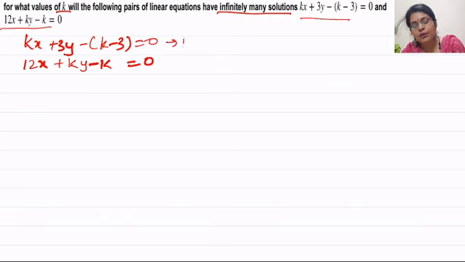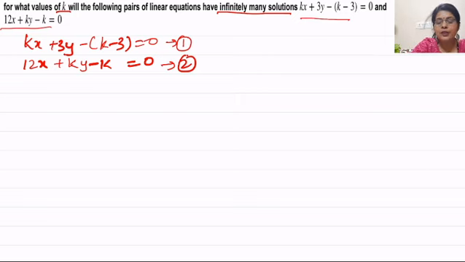So these are our two equations, and then we have to see whether the equations are in the general form or not. Our general form is ax plus by plus c equal to 0, and we can see that this equation is in the general form. Now the second thing we have to see is the condition involved, which is infinitely many solutions.